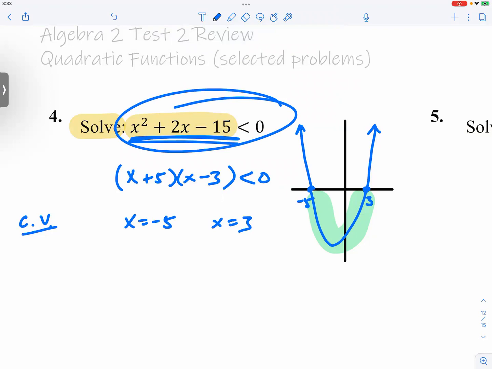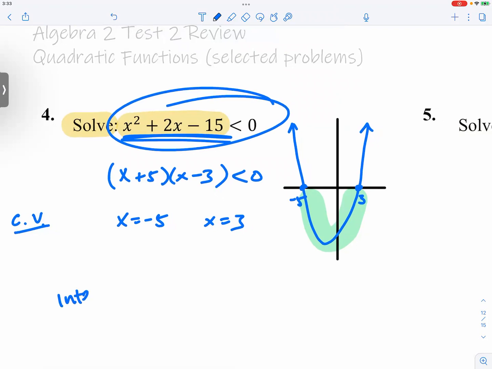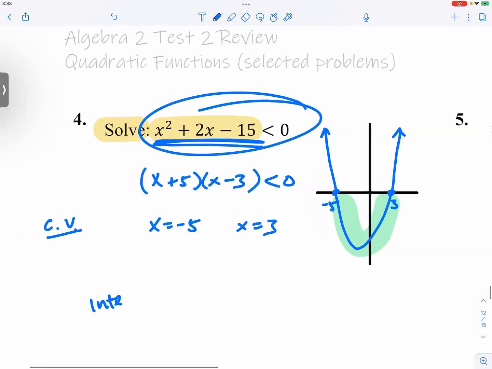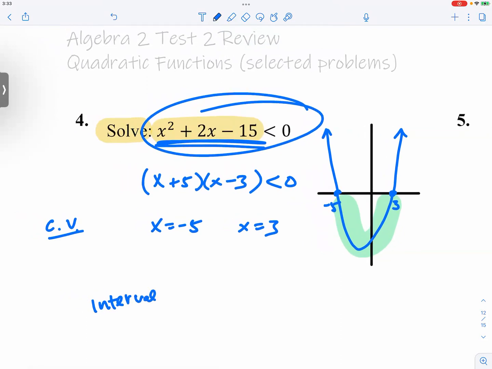So to present our solution, which is the values that make the statement true, we will use interval notation. We'll say from -5 to 3, but not including -5 nor 3, because they would get us equal to 0, but we don't want 0.